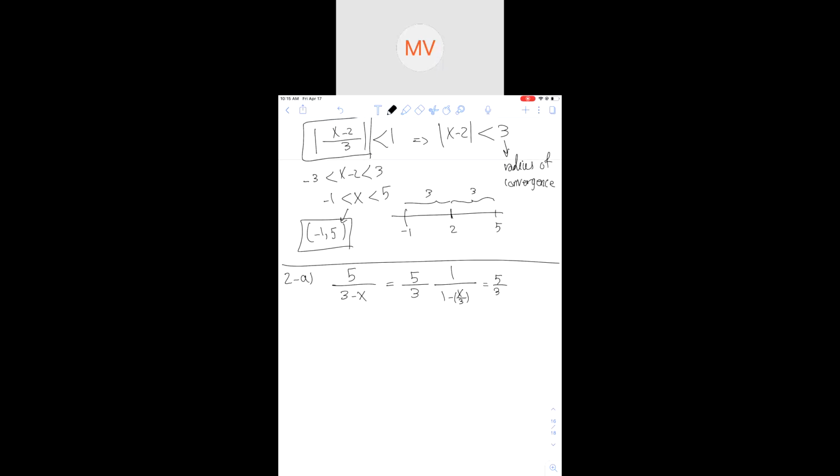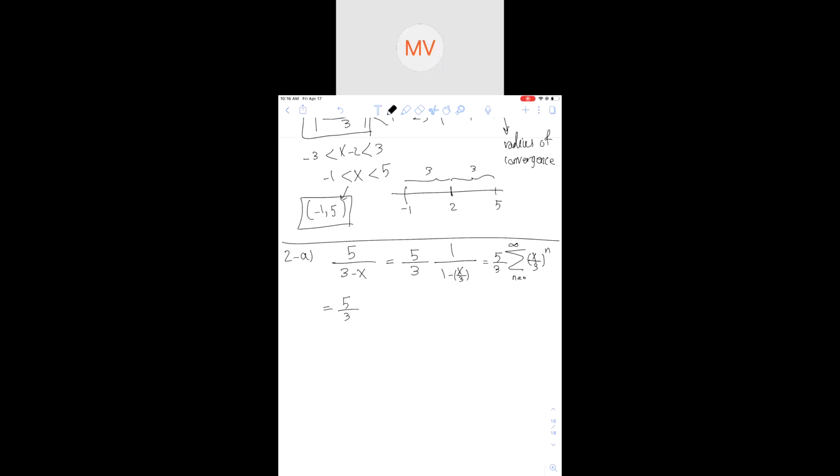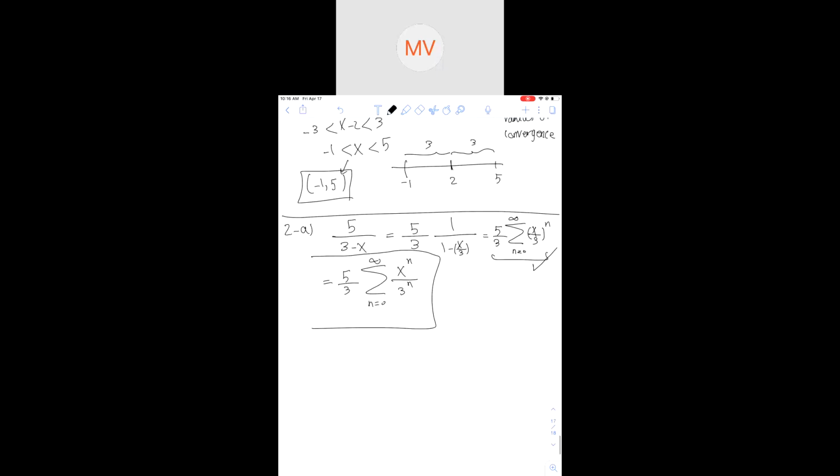And then we use that power series formula. So 1 over 1 minus x would be the powers of x to the n. Here, you have x over 3 to the n, starting from 0 to infinity. So that's 5/3 times that. If you want, you can write it as x to the n over 3 to the n, from 0 to infinity. That's that one.